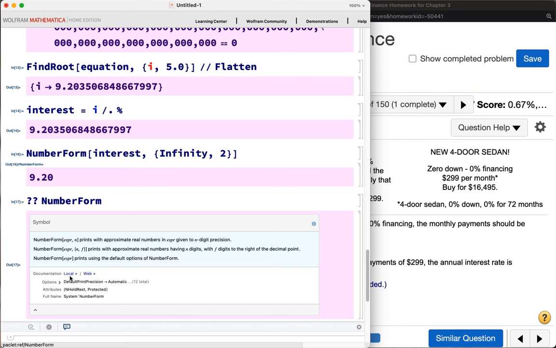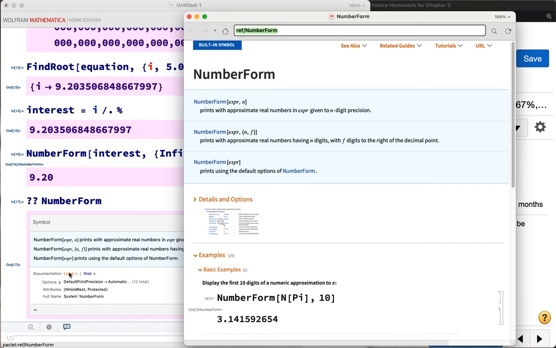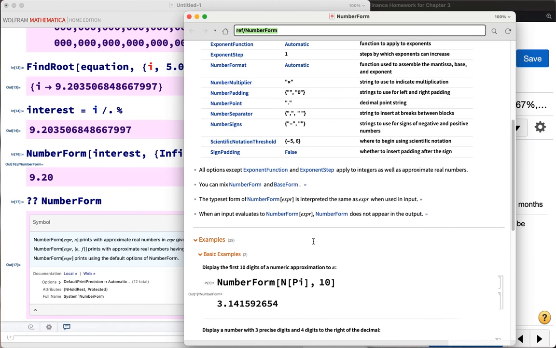You could click on web if you have a good internet connection, but if you're working offline, just click on local. And then you get a help page that describes what this function does, and then you have details and options, you have examples.